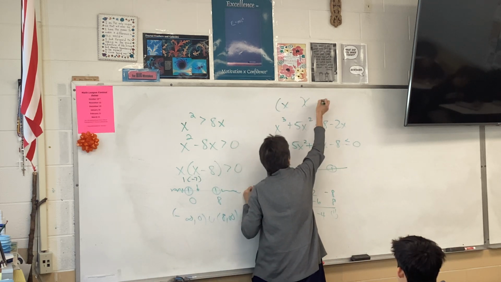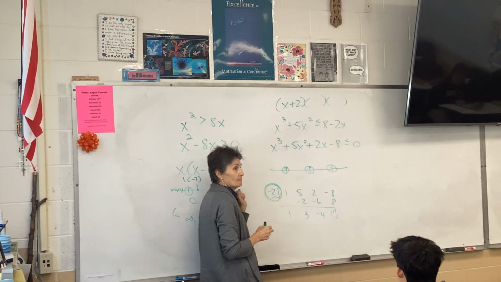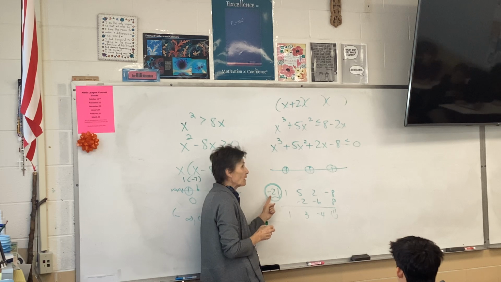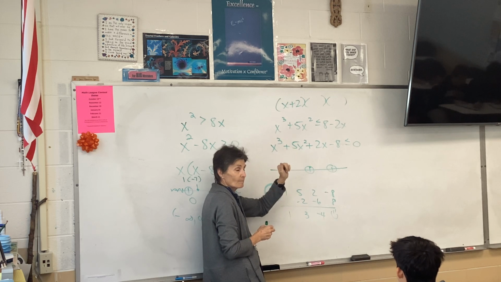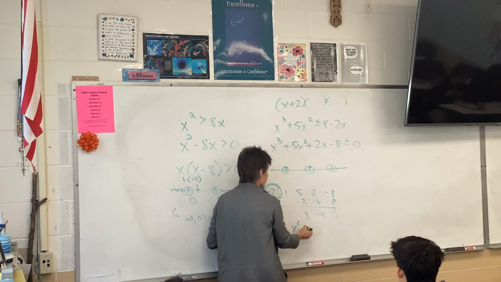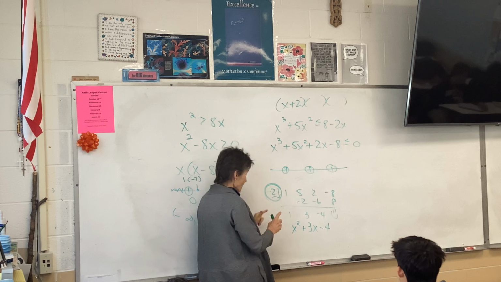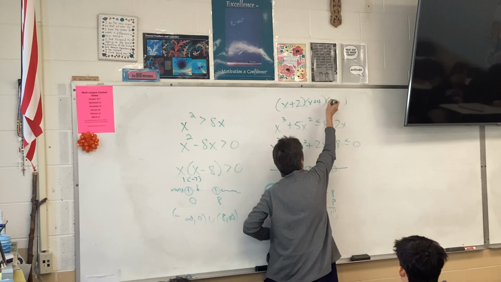And one of my factors then is x plus 2, because that's how I got negative 2. How do I know there's 3 factors? x cubed, right? xxx. All right, now what's left here is x squared plus 3x minus 4. And that can factor, I'm going to write them up here, x plus 4 and x minus 1.